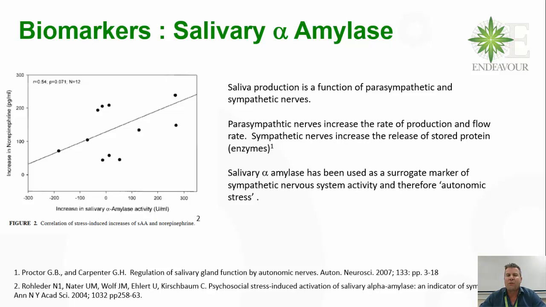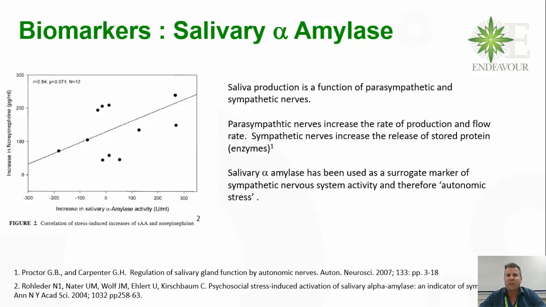But what you may not have remembered is that the sympathetic nervous system is also involved in saliva production, not in its volume, but it is responsible for increasing the release of the actual enzyme from the gland. So when you've got an increase in sympathetic nerve activity, you're going to have an increase in the release of salivary amylase within the saliva itself.